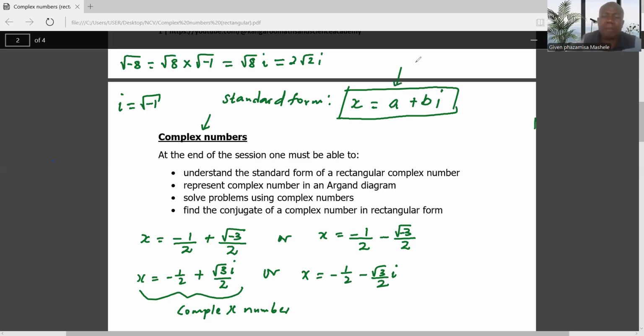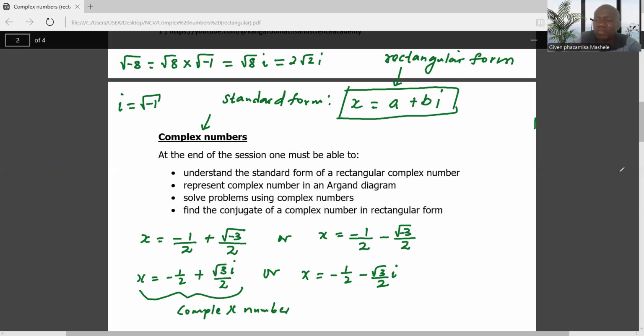Because we call this a complex number, the name of this form is the rectangular form. This is the type of a complex number. So in this session, we will only address the complex numbers that are in rectangular form.